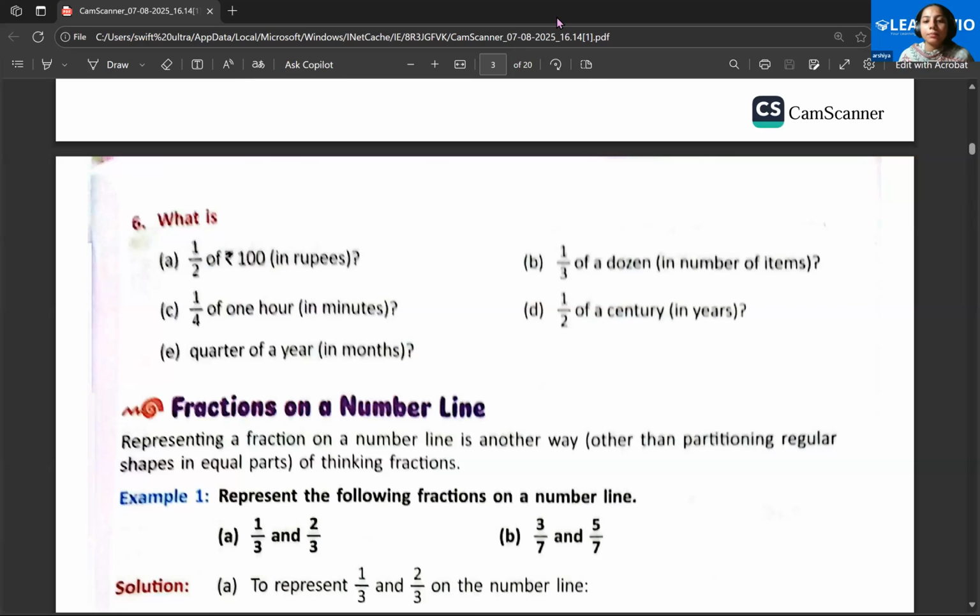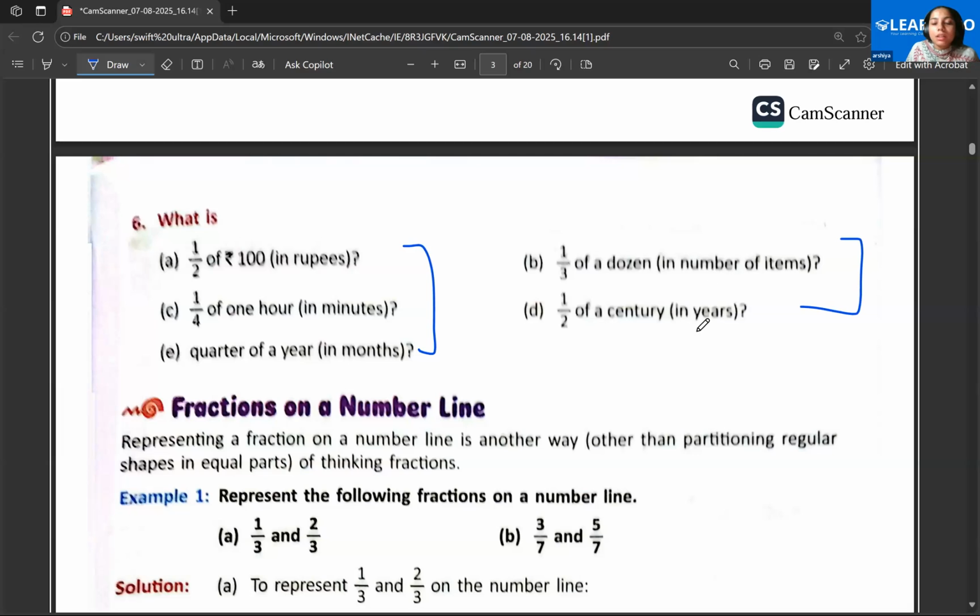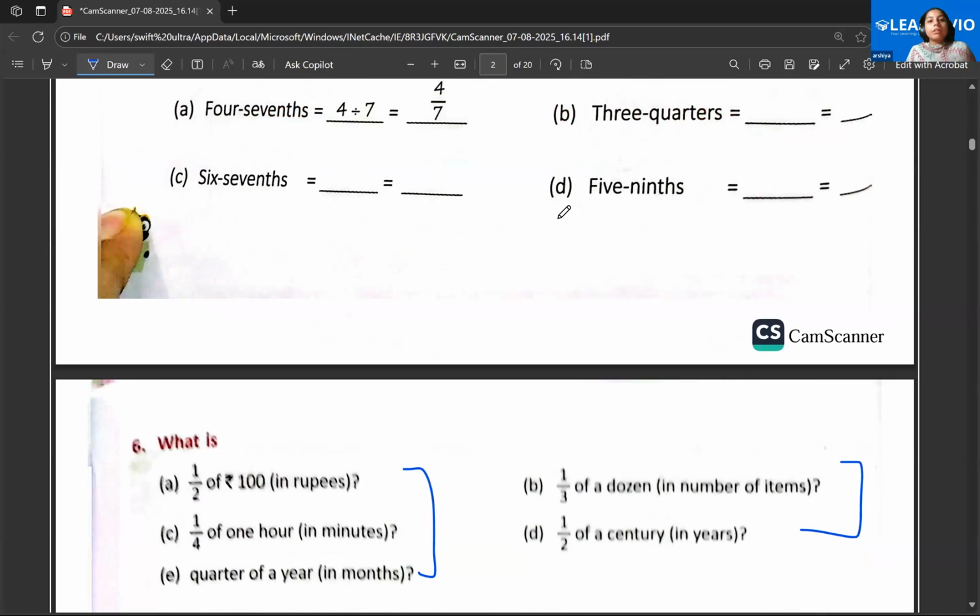Am I audible, Mitra? Yes, ma'am. Okay. So I was saying before we move on to the next exercise, did you try these? This also I gave you as the homework. Did you do these? I forgot to do it.